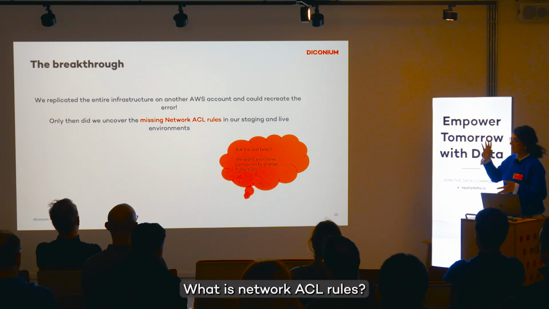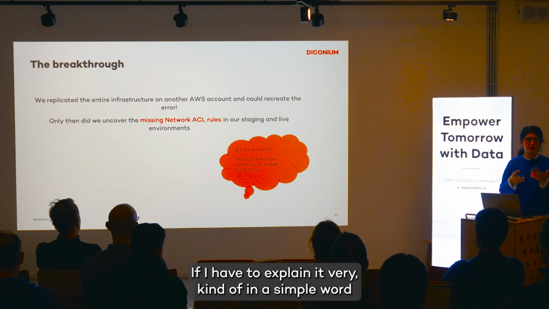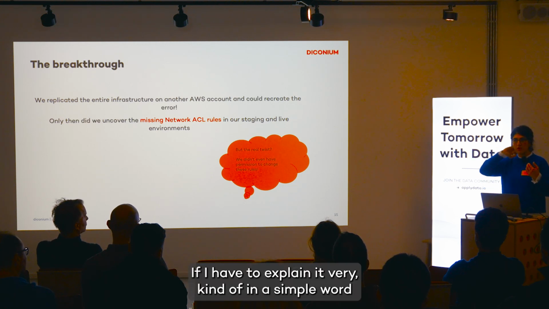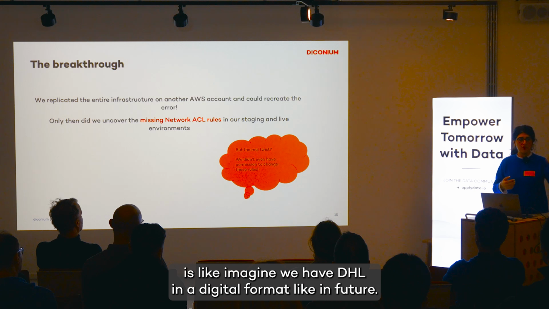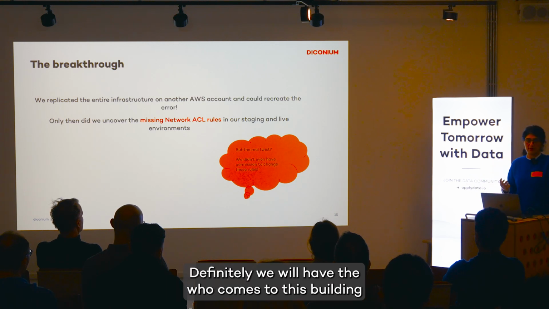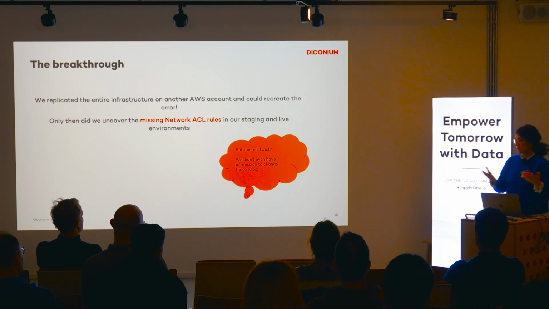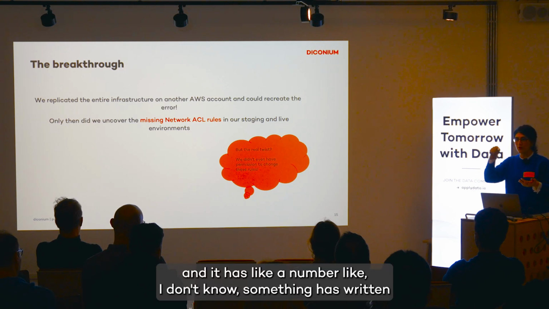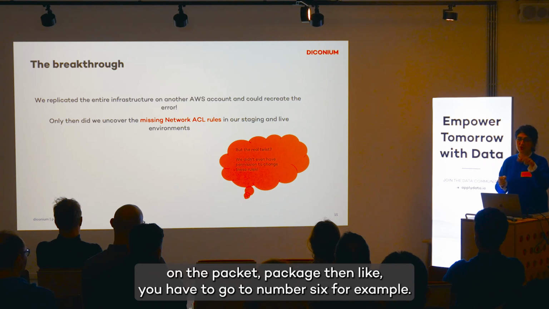What are network ACL rules? If I have to explain it in simple words, imagine we have DHL in a digital format, like in future definitely we will have. DHL comes to this building, and it has a number, something written on the package that you have to go to number 6, for example.